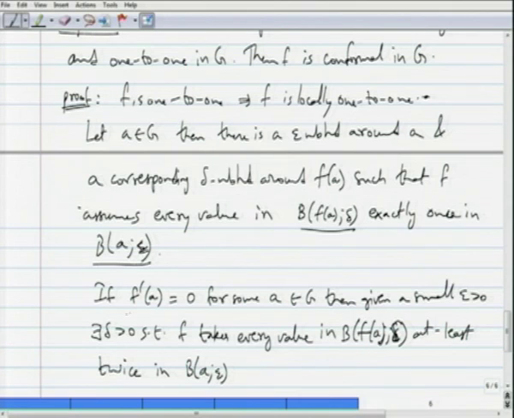That is because if f prime of A is 0, then the order of zero of f of z minus f of A at A is at least 2.